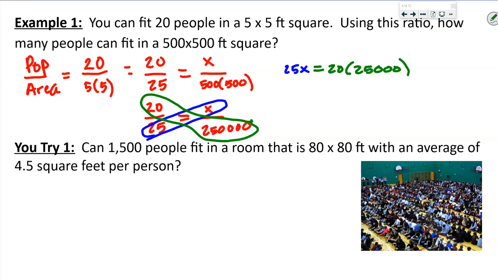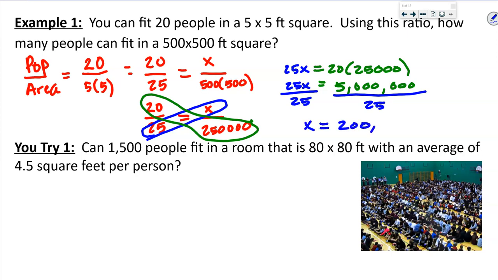That 20 times 250,000 is going to be 5 million, and that's equal still to our 25x. So we will divide both sides by 25 to get our x. So x here is going to be equal to 200,000.